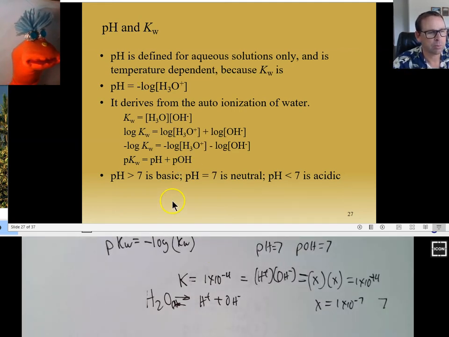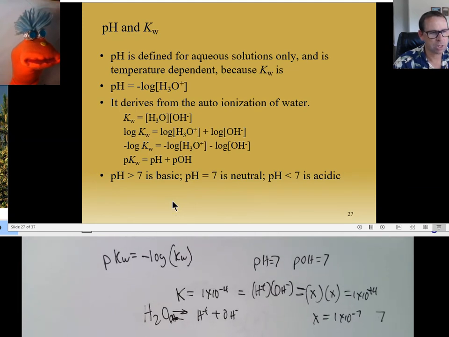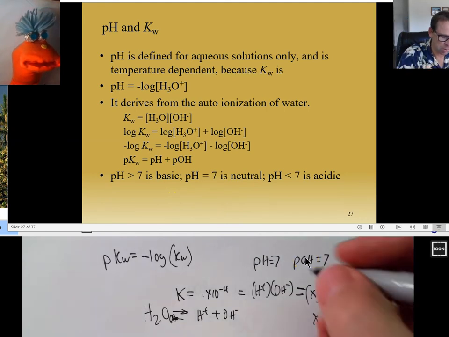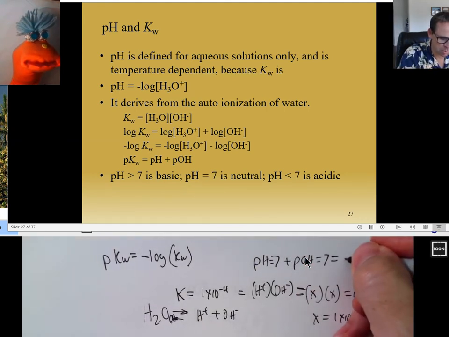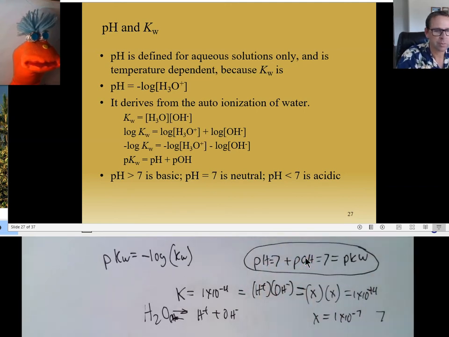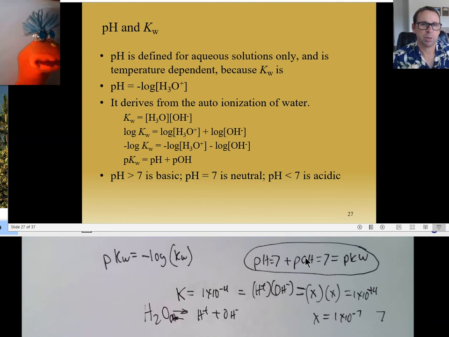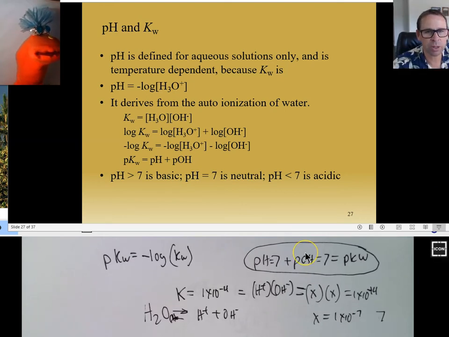So, pH plus pOH equals pKW. And that's always the case. That's always the case for any aqueous solution. pH plus pOH will equal pKW.